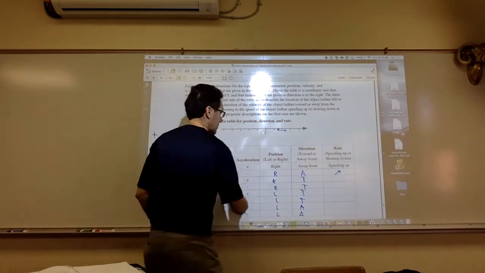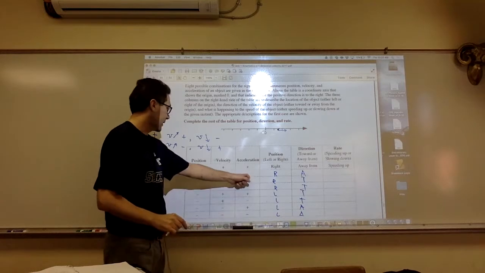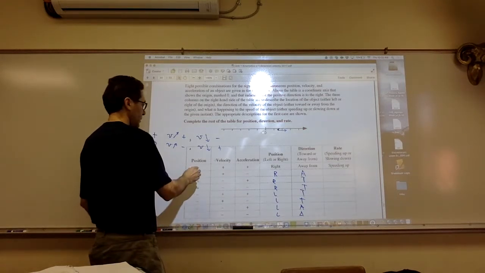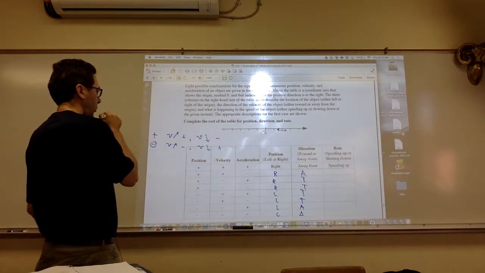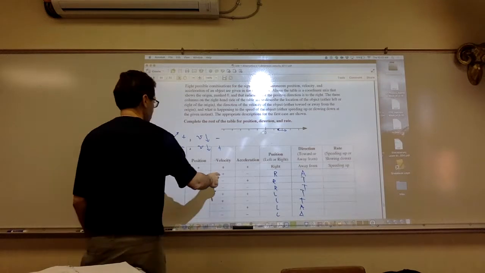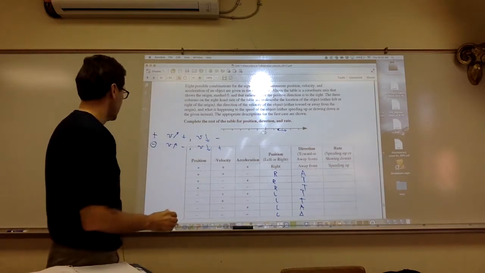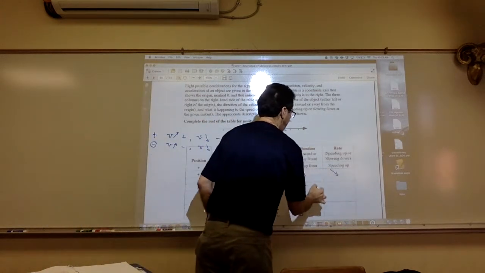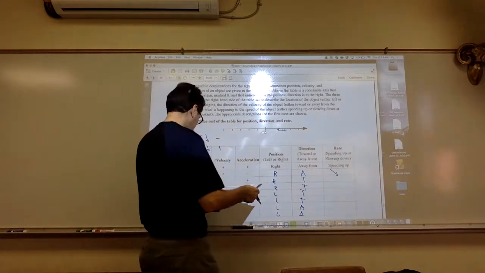No, I was looking at the wrong one. It's already saying speeding up. Your acceleration is negative here, so you're here basically. Your velocity is positive, your position is positive, so you must be slowing down. I'll fill in the other ones.